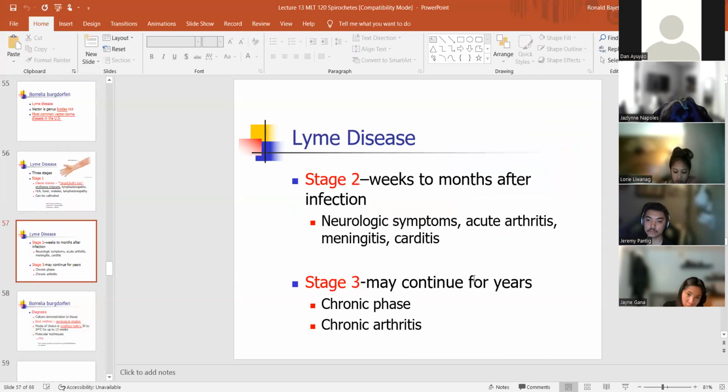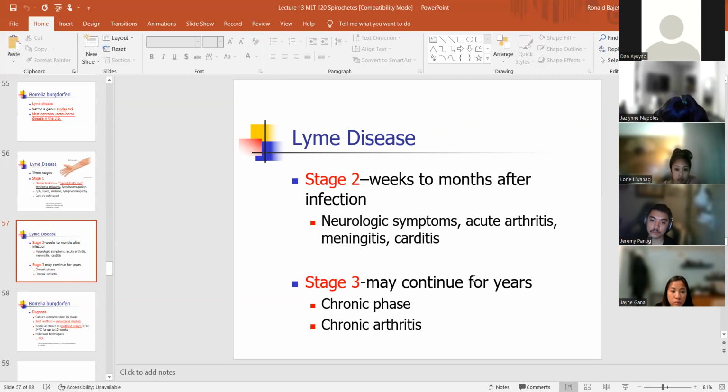Okay. Stage 2 is weeks to months after the infection, and the symptoms are a little more severe or significant. You got neurologic problems, acute arthritis, meningitis, and carditis. That's stage 2, so they are pretty significant. And stage 3, you're kind of tapering down, but you're still not well. You may continue on for years.